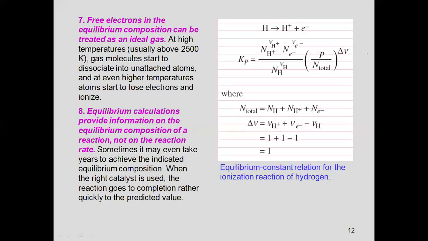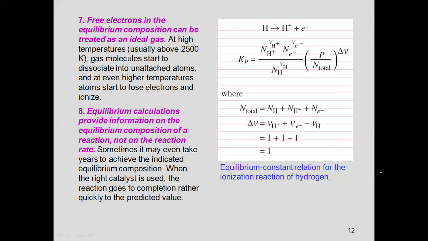Yes. Some other observations. Free electrons in the equilibrium composition can be treated as an ideal gas. At a very high temperature, usually about 2500 Kelvin, the gas molecules will start to dissociate, and they will be basically in the form of atoms. And at a still higher temperature, the atoms will easily lose electrons and they will be ionized.